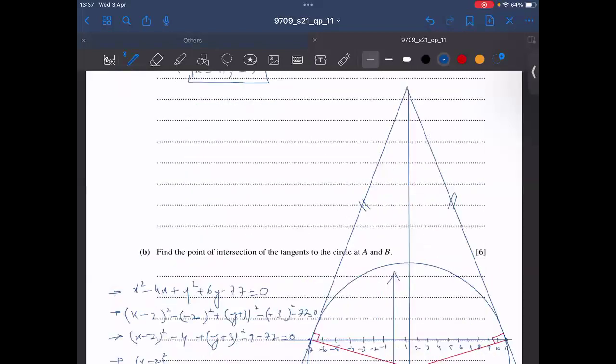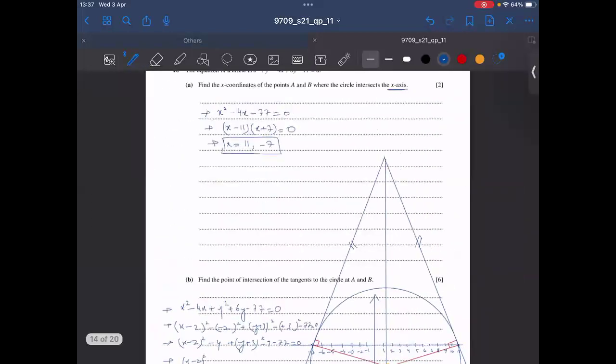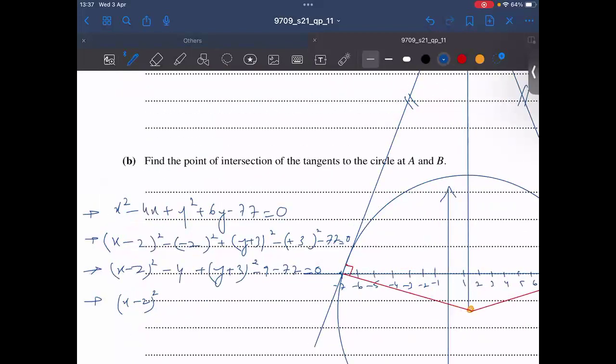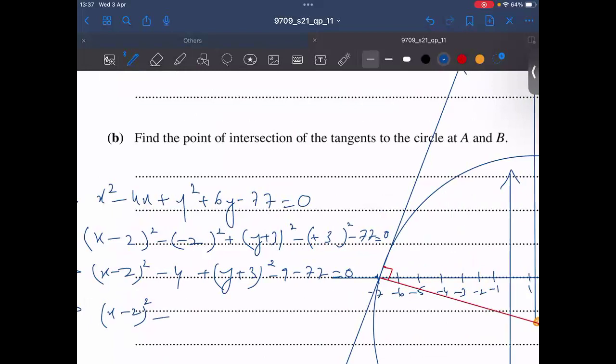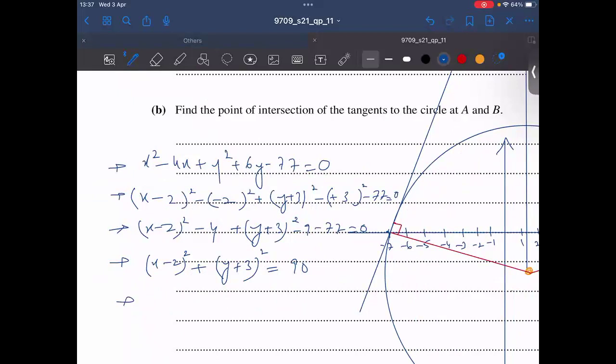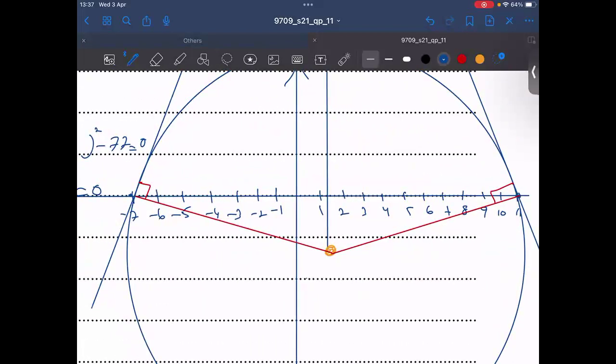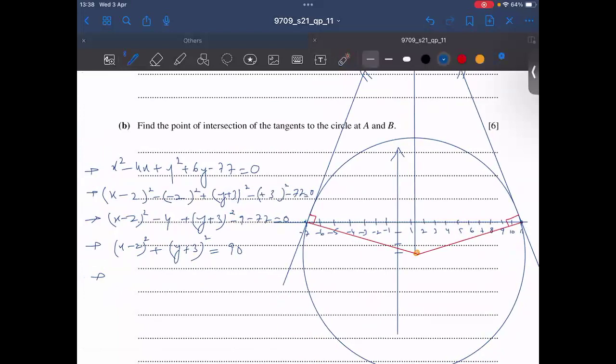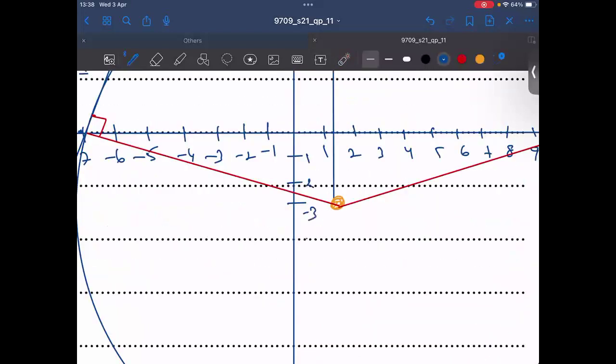Minus 4 minus 9 is minus 13, and minus 77 is minus 90, and is equal to plus 90. So you're gonna have the 2 comma minus 3. In fact, we're getting 2 comma minus 3. So you should appreciate my drawing, because I didn't get the grade, but still I'm getting the correct center point. So 2 comma minus 3. That's great.